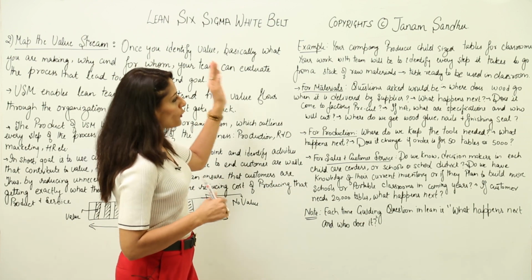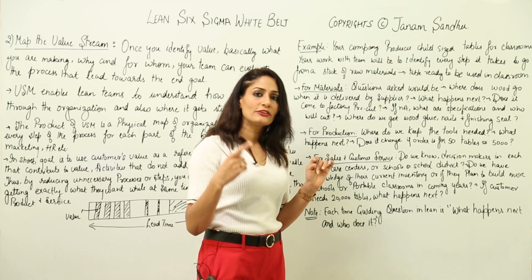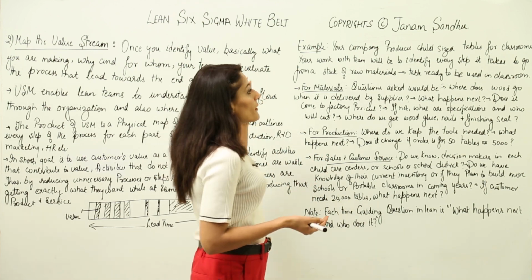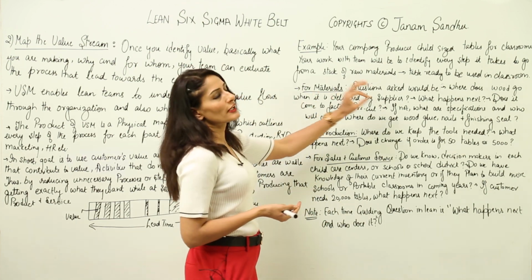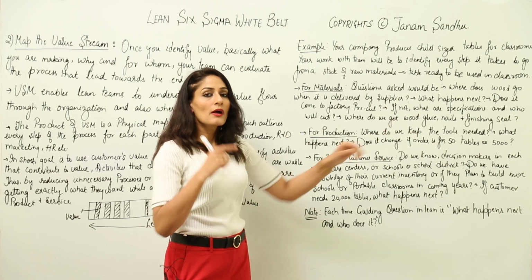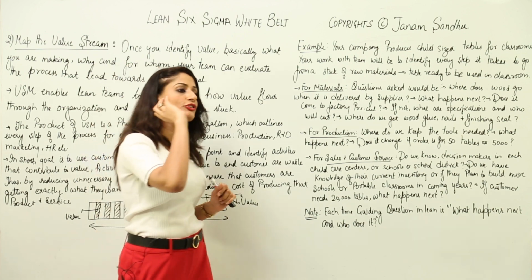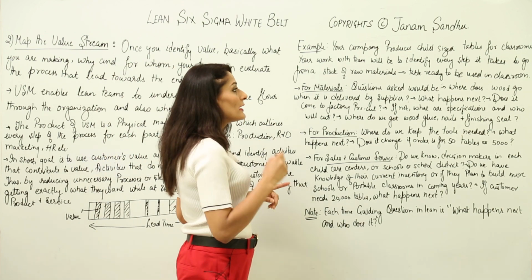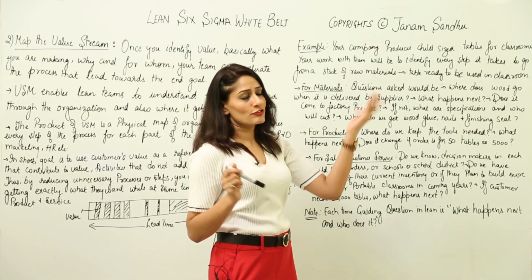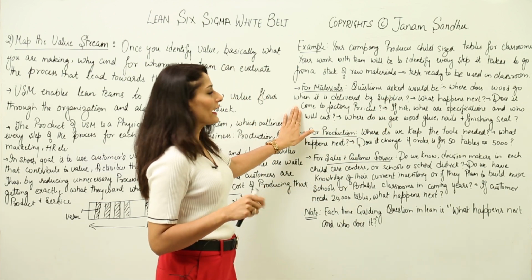Okay. So when we talk about getting the raw materials, the questions you need to ask are, where does wood go when it is delivered by the supplier? After you get the answer for this, or you design the process, or you just place it in the value stream map, then you ask what happens next to this wood. Does it come to the factory pre-cut?